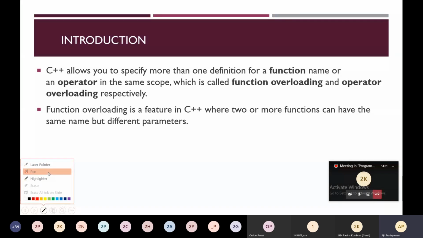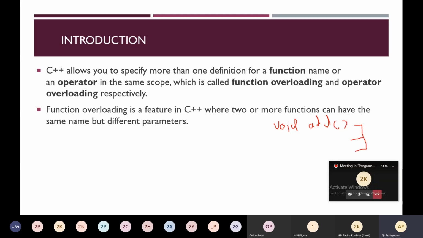For example, you are having the function void add, and this add function name is available for more than two functions. This is called function overloading.